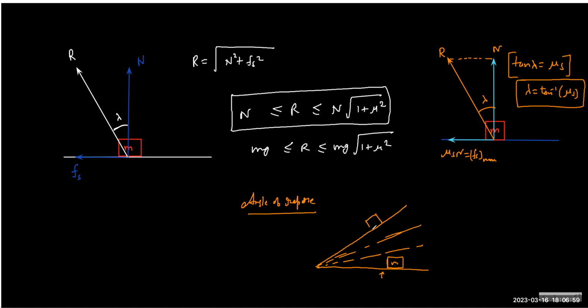The block will start coming downward, right? So the angle at which the motion is impending, about to happen, it has not happened, about to happen, is called the repose angle. So when it is about to happen, we call it has reached the angle of repose.